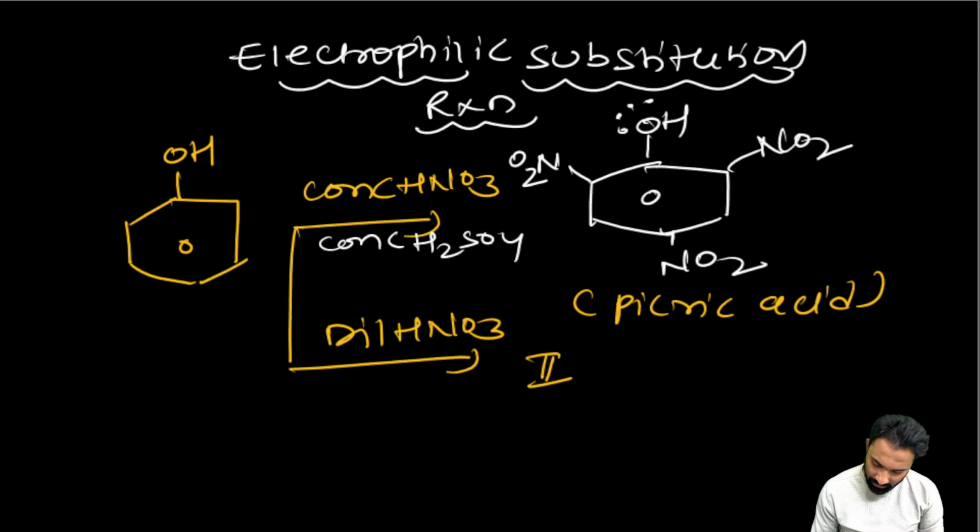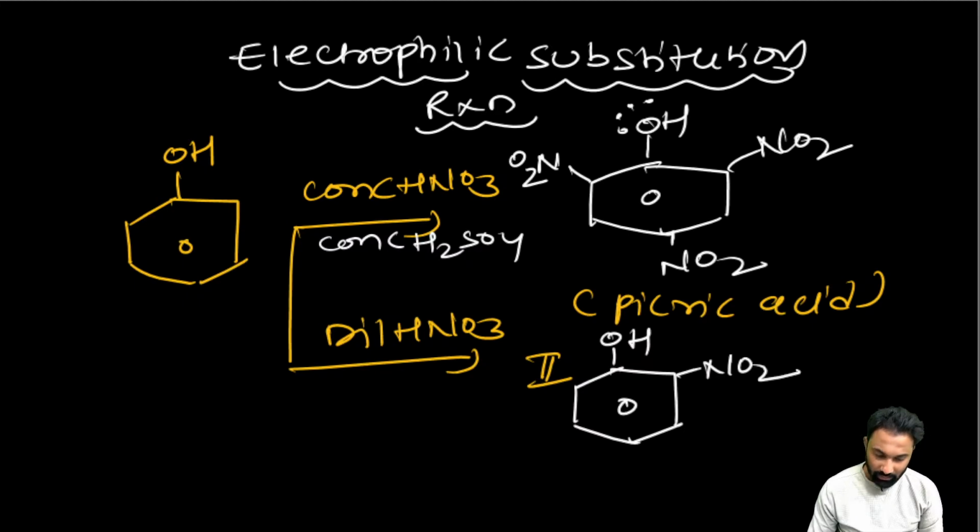Then if dilute HNO3 is given, here we will get ortho nitrophenol and para nitrophenol.